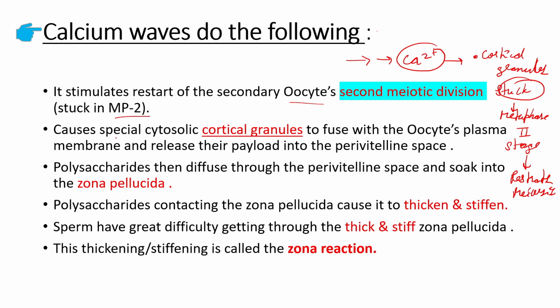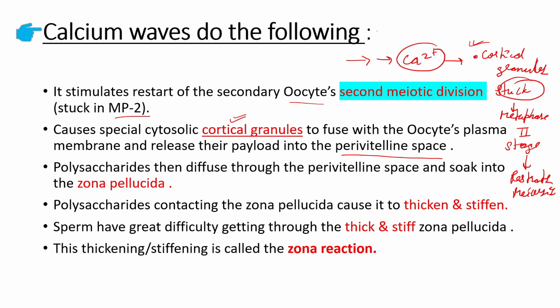right? It causes special cytosolic cortical granules to fuse with the oocyte's plasma membrane and release their payload into the perivitelline space, right? So we have already seen that Ca2+ binds to the cortical granules and helps in the release of certain enzymes which would digest the zona pellucida layers.